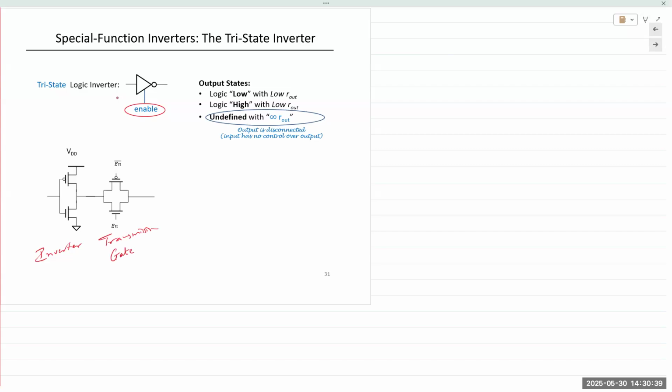And so we add a 3rd terminal, and the enable pin functions to control the output of that inverter. Hence, we call it a tri-state inverter. When the enable pin is high, transistors turn on, and the output of the inverter is sent through the transmission gate.